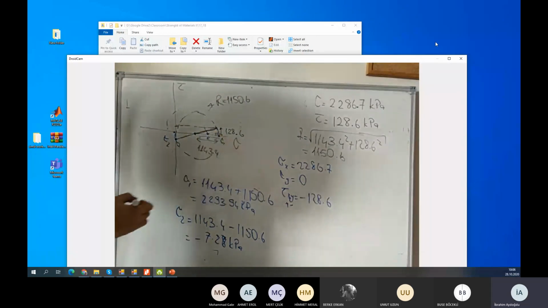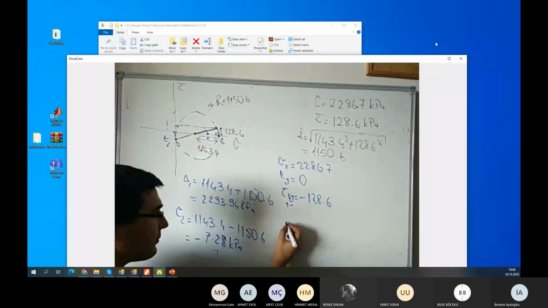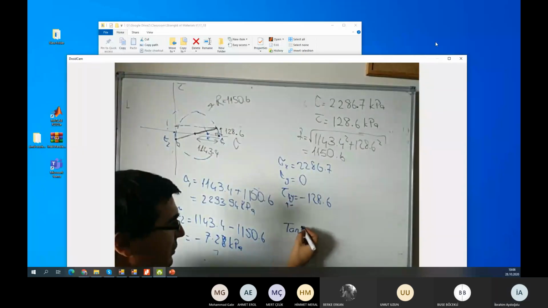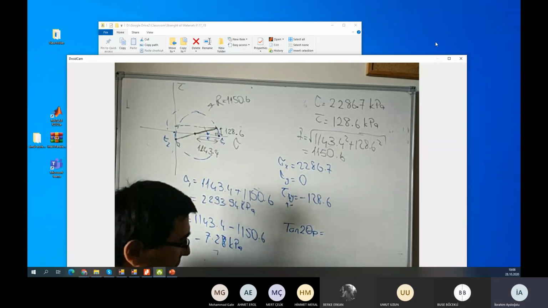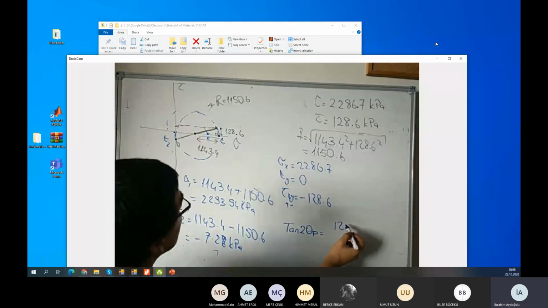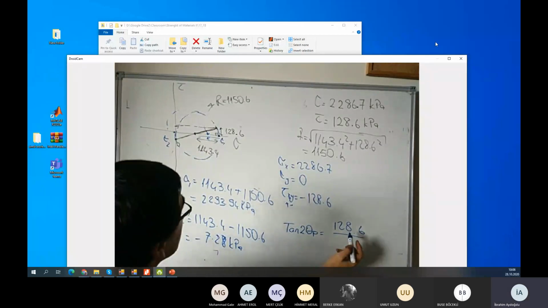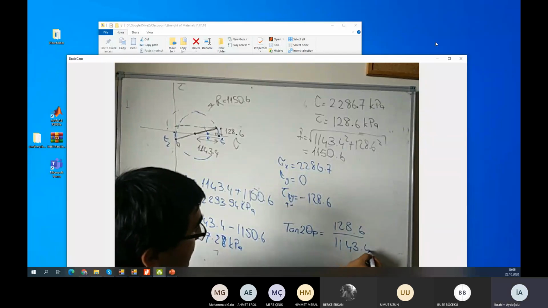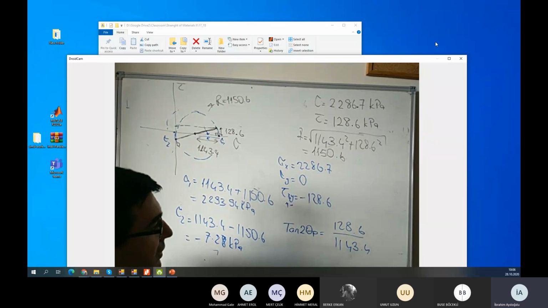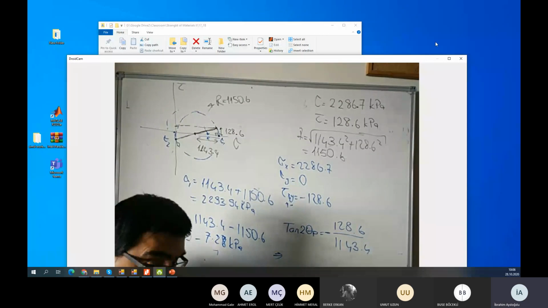So I need to compute tangent 2 theta P is equal to, and you can see this value divided by this value. From the formulation, I need to write the negative. After that, I can use my calculator again.